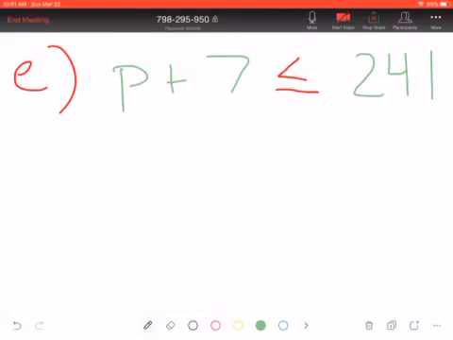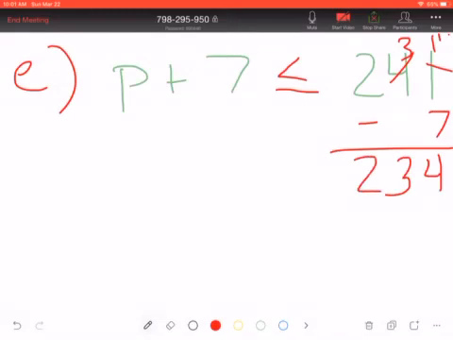One way is to use the inverse operation. So you can take this like we did before and subtract 7. Right, we can regroup. Gives you 4. Okay, and really a trick is that you can bring this straight down, and your answer will just be the number of passengers is going to be less than or equal to 234.